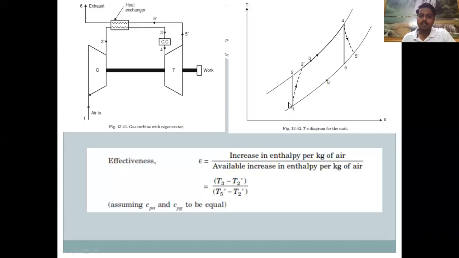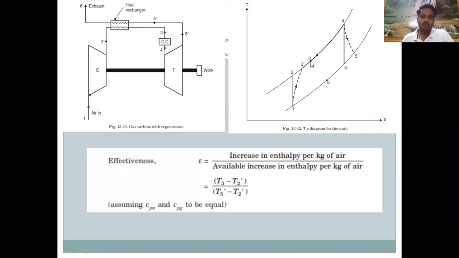Now see here, if we are not having a heat exchanger or a regenerator, at that time our cycle becomes 1 to directly 3. See here, 1, 3, 4, 5 and again 1. But when you are having a regenerator with you, your cycle becomes 1 to 2 dash, means your combustion starts from this 2 dash.